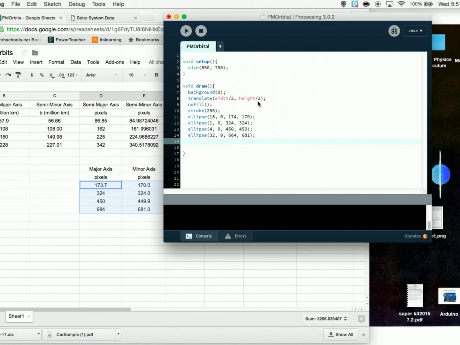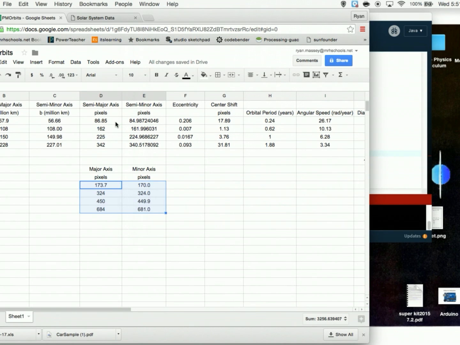So for Mercury, we want to be like a grayish color. And what we want to do is use these values here to control the parametric equations.